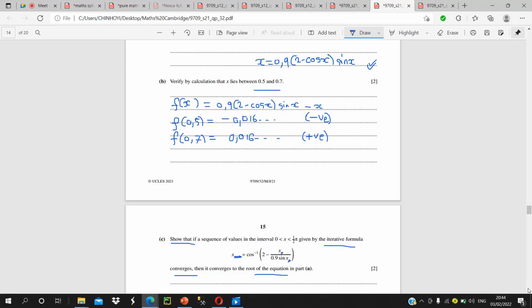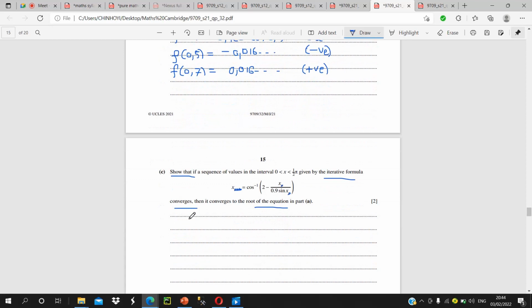Then you have which equation now? Then you are going to have x is equal to arc cos of 2 minus x over 0.9 sine x, right?